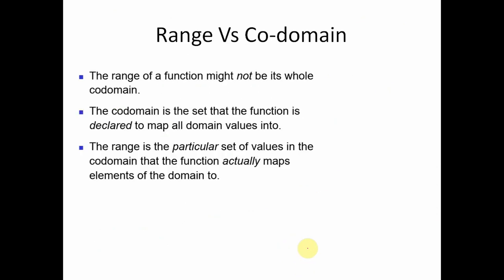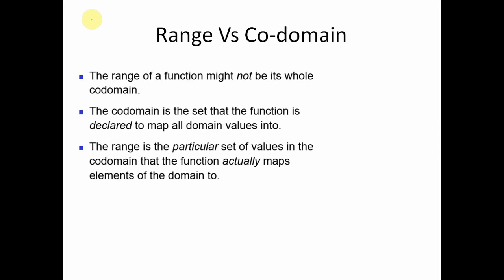Let's understand the difference between range and codomain. This is something that I've seen people getting confused, because function, although it is a special case of a relation, but here the definition of range and codomain become different. So the range of a function might not be the entire codomain. Let me once again write it.